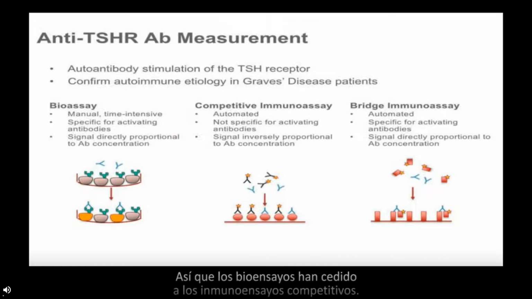So the bioassays have given way to the competitive immunoassays, and there's also now a TSI, the stimulatory immunoglobulins assay, which is automated as well, from Immulite.